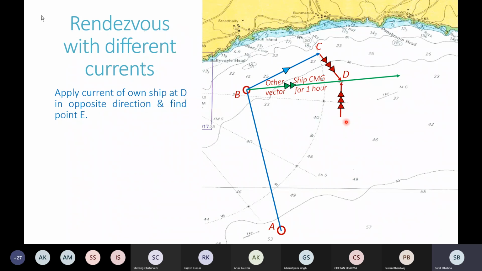And wherever this current vector ends, let's name that as point E. So this Echo Delta is the current applicable at our ship location.